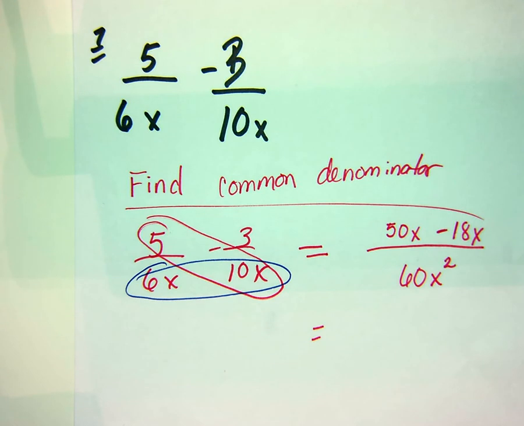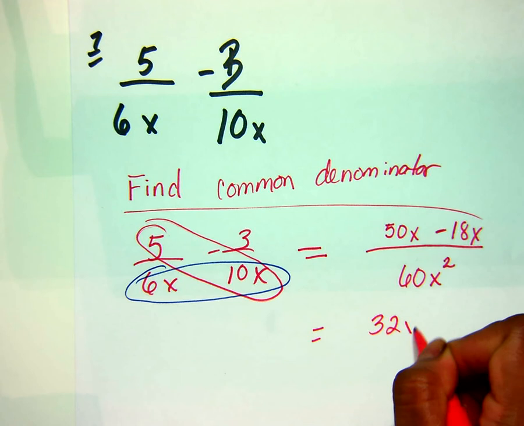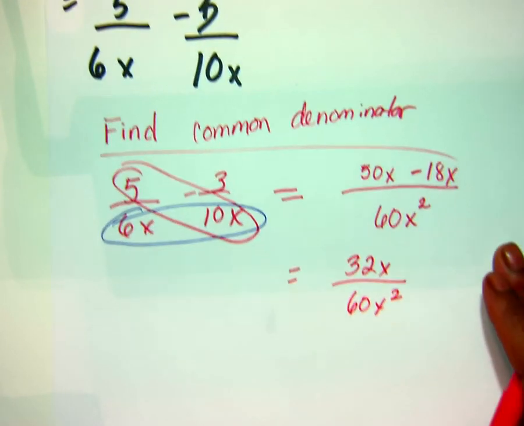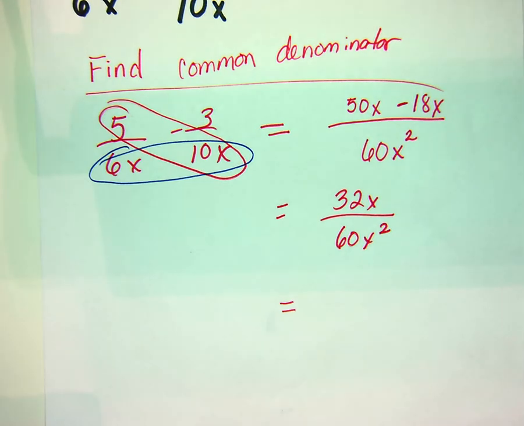And we're going to have to factor out everything again. So once you do that, you should have 32x over 60x squared. But I can still simplify that. If I'm not mistaken, 4 can go into both of those, and it can.